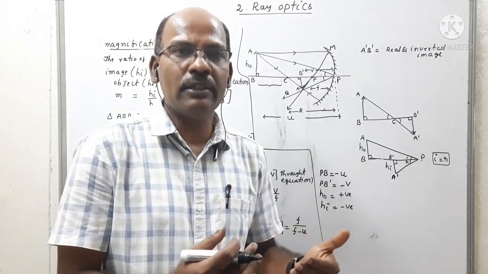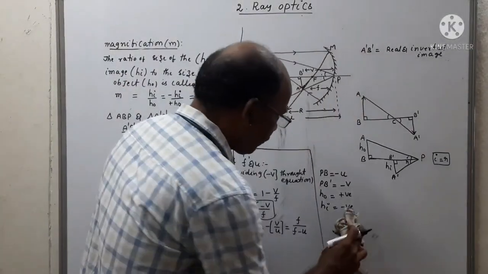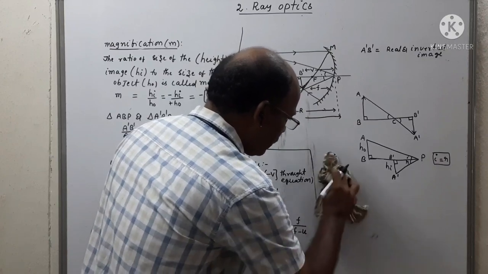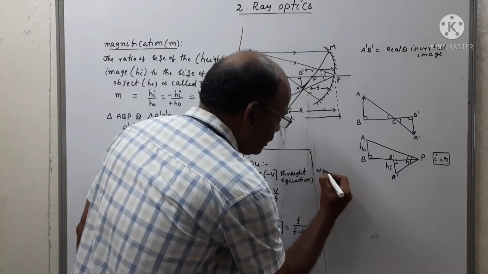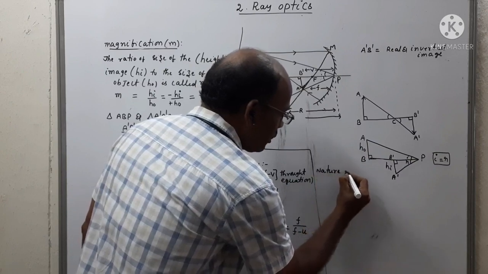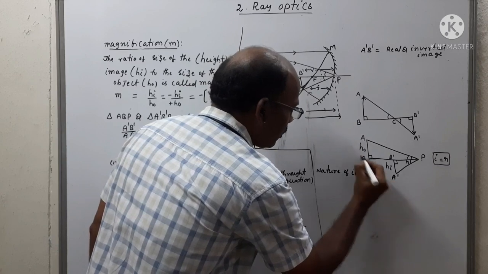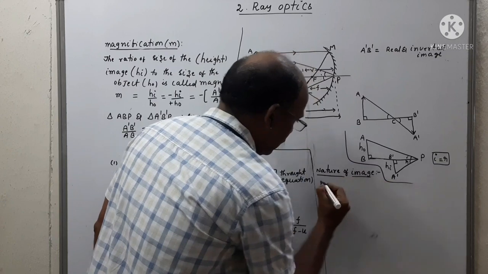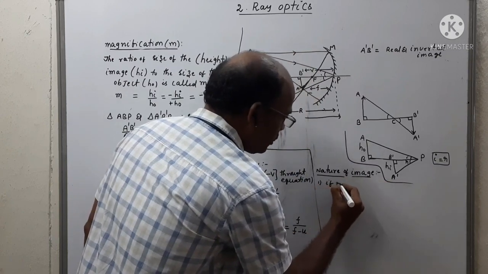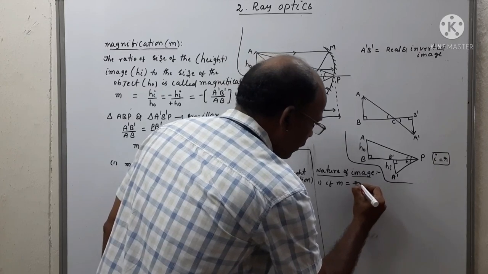How we explain the nature of the image? That can be explained with this nature of image. First one is, suppose if m is equal to, let us say, negative.